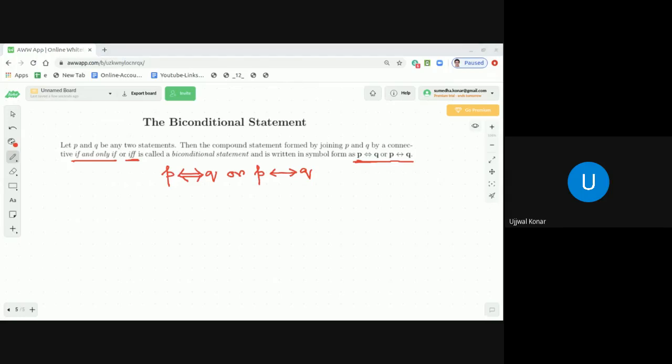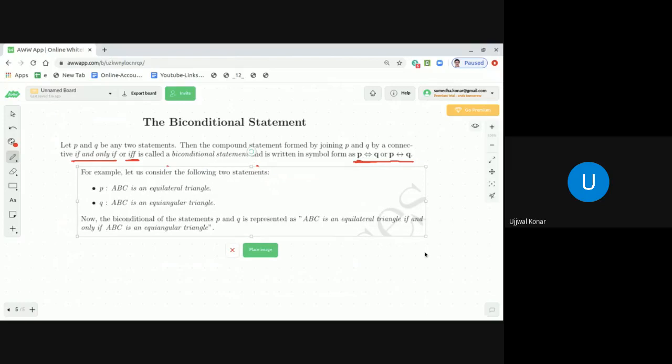Correct? Now, it will be very easy if we take an example and discuss further. For example, let us consider two statements. The statement P is: ABC is an equilateral triangle, and the statement Q is: ABC is an equiangular triangle.